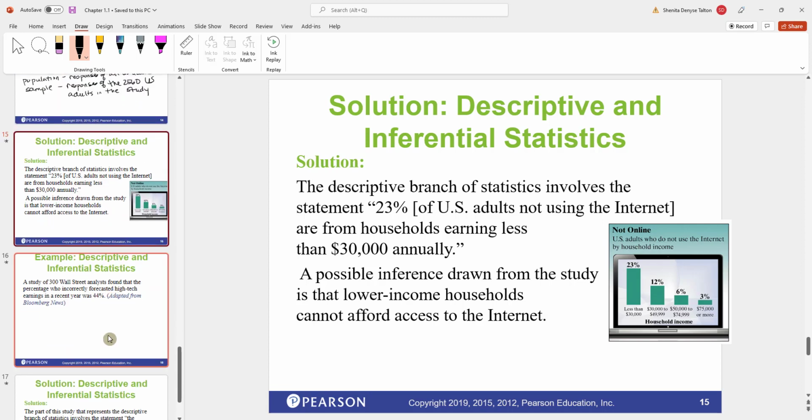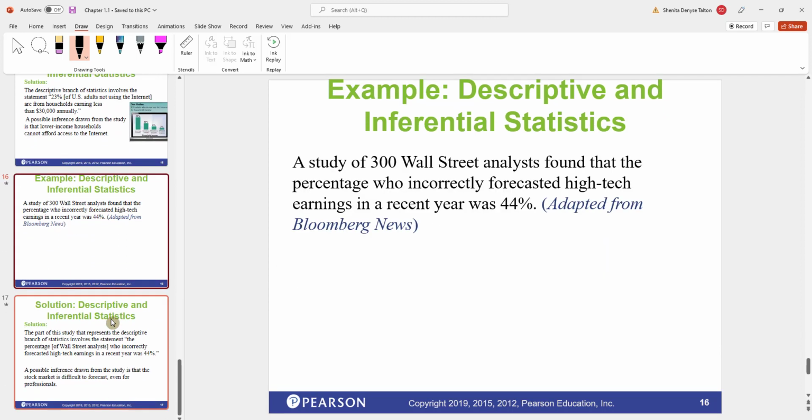Let's look at this next example. A study of 300 Wall Street analysts found that the percentage who incorrectly forecasted high-tech earnings in a recent year was 44%. Let's identify the population.